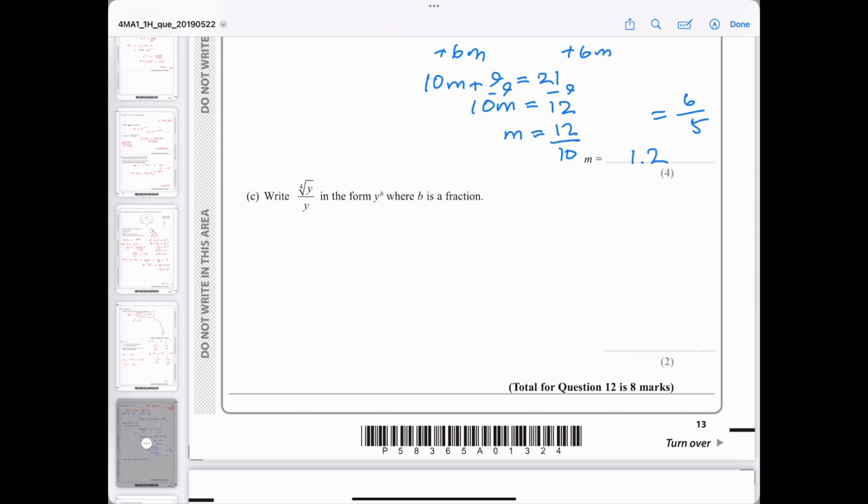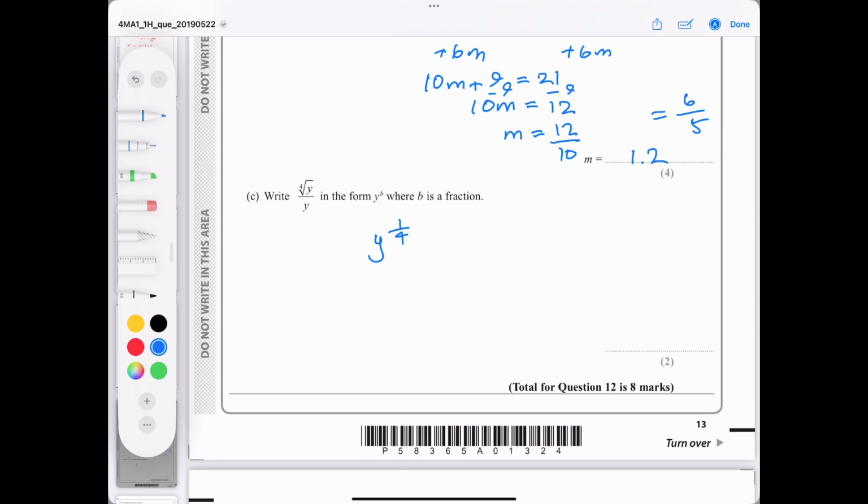Okay, right, so the fourth root of y over y in the form y to the b, where b is a fraction. So that means you just write out y to the power quarter over y to the power 1. Now we know that that's the same as saying y to the quarter minus 1, isn't it?